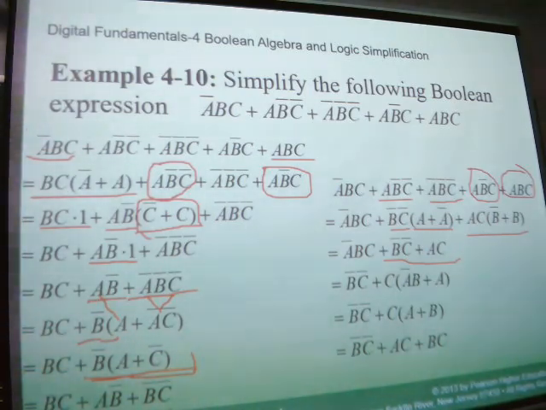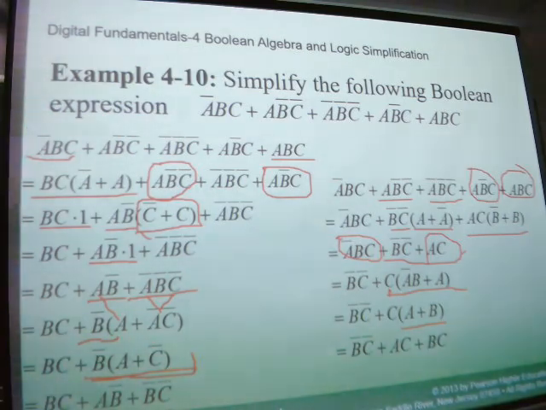And then we know that the first term and the third term have the common factor C. So they can be written as C and A bar B plus A. And then we know that A bar B plus A equals A plus B.